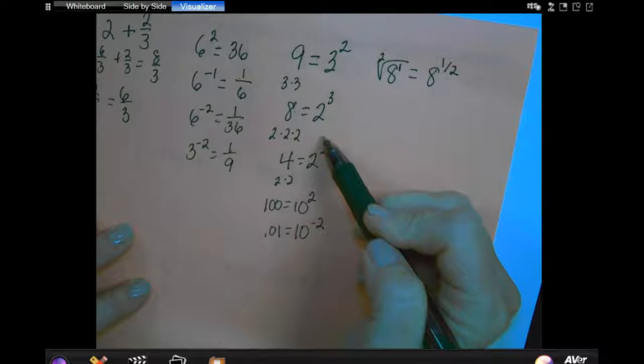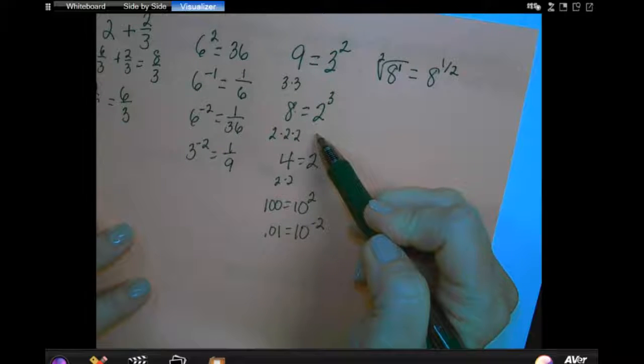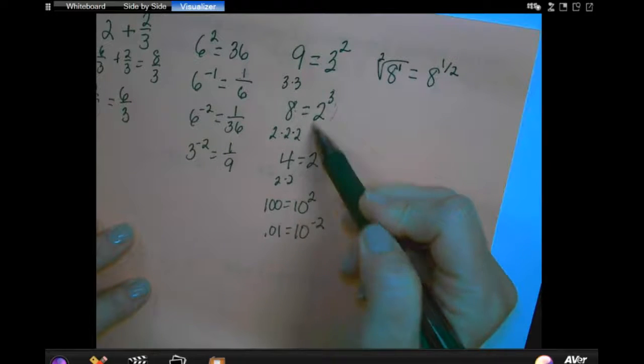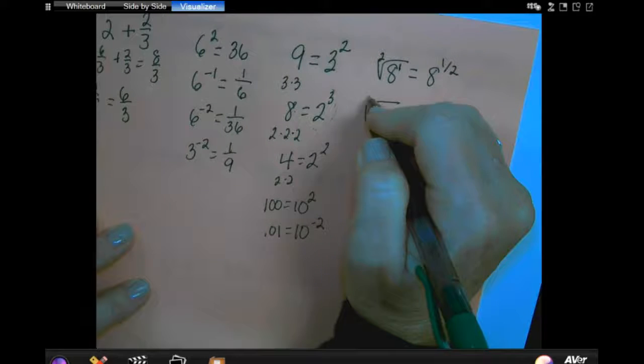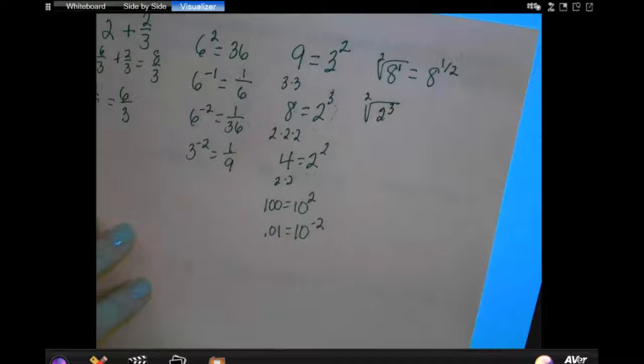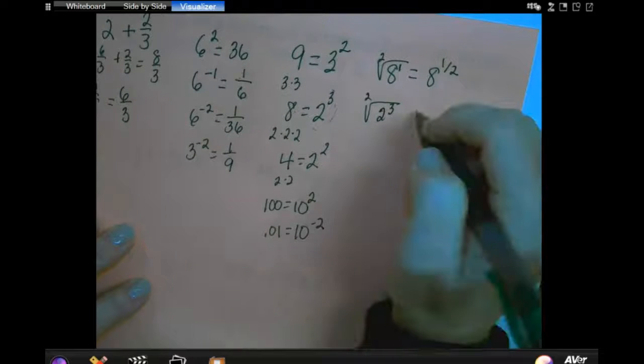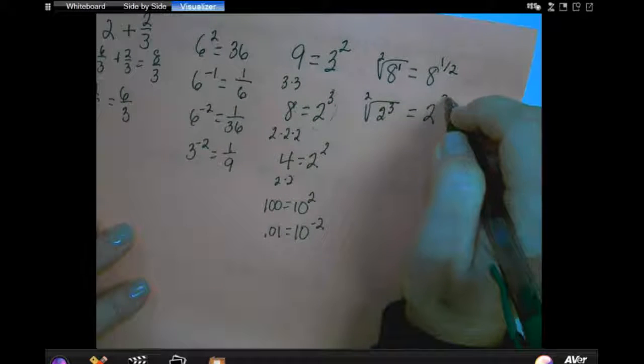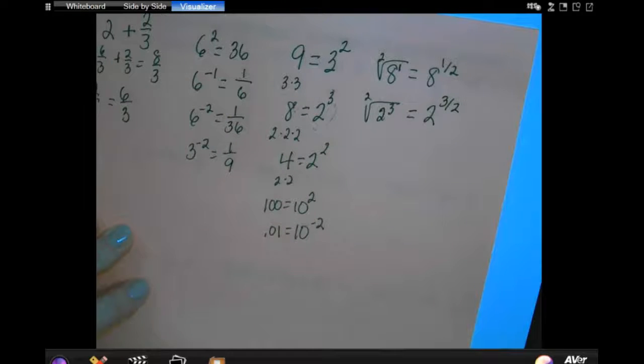And we already said that 8 was 2 to the third. So if I did the square root of 2 to the third power, if I rewrote this, it would be 2 to the 3 halves.